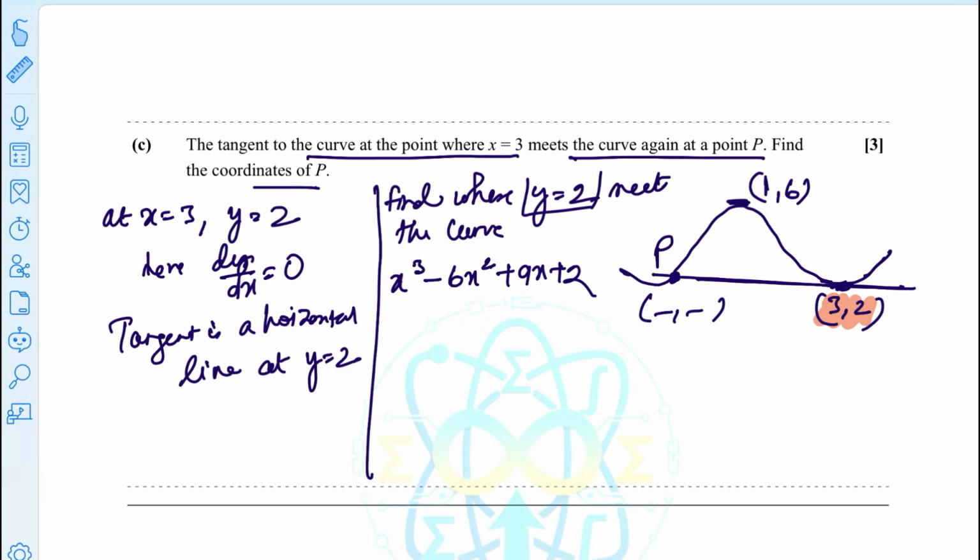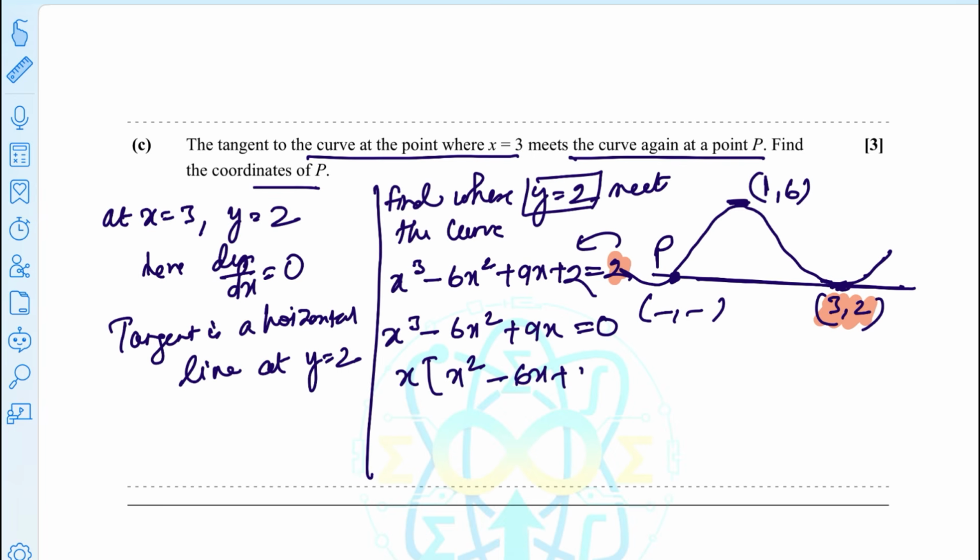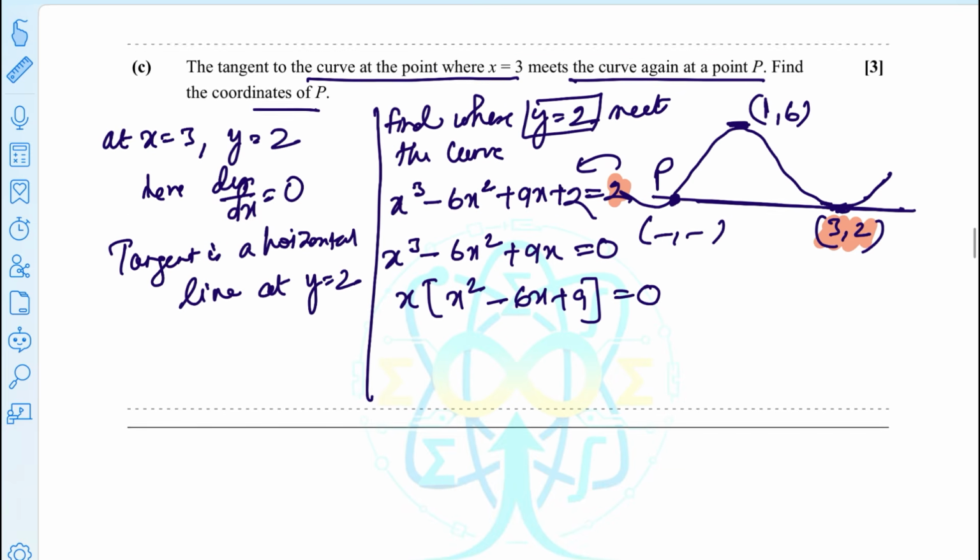Setting that equal to 2, as a simultaneous equation, and bringing it to this side: x cube minus 6x squared plus 9x plus 2 minus 2 equals 0. Taking x common, I get x squared minus 6x plus 9 equals 0.